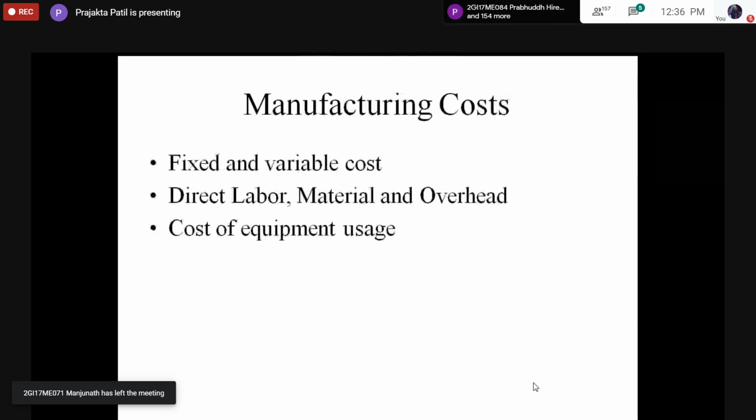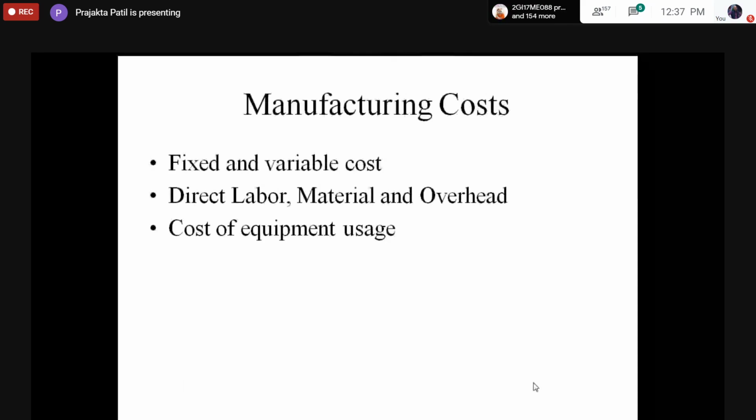So let's talk about manufacturing cost and why it is important for us to study it. Whenever we have to make decisions with respect to maybe choosing some alternate or manual type of production, or whether you want to go for automated type of production, cost is also one of the important parameters to be considered.